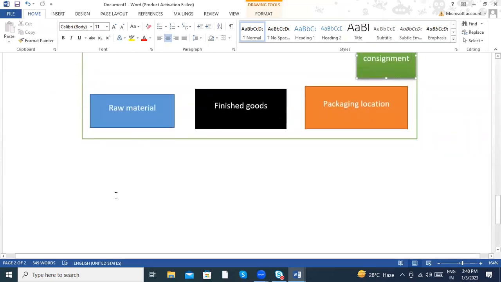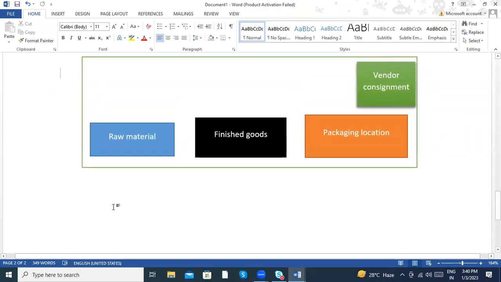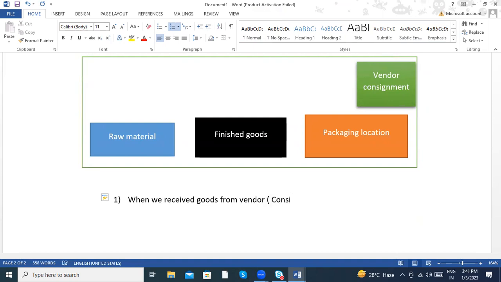Okay, now coming to here. What are the steps here? When we receive goods from the vendor, we can call it consignment.